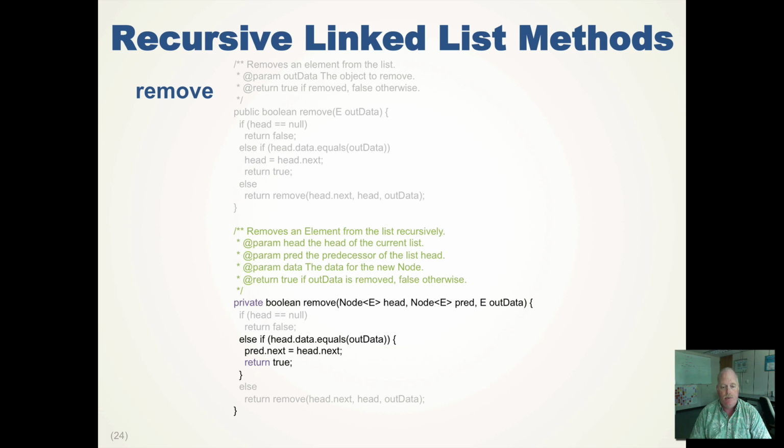Else, if the head.data equals the thing we're removing, we need to make the predecessor's next point to our next, head's next, to skip over that node. So that is removing the node from the linked list, and we return true. If the data is not what we want to remove, we move on to the next node in the list until we get to the end of the list. So we recursively move on to the next node.